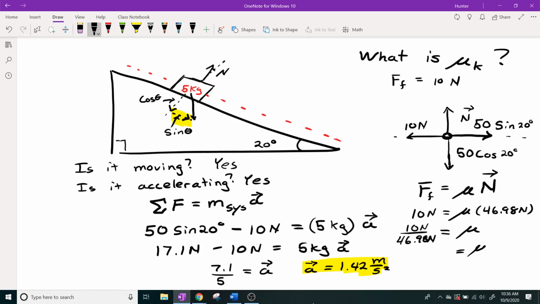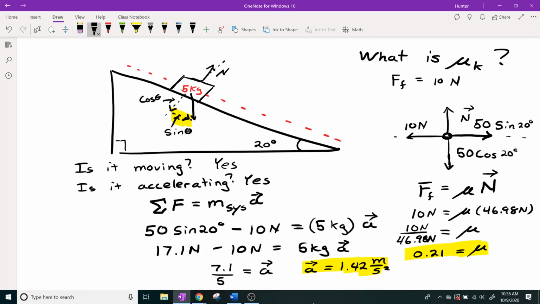So the coefficient of friction is 0.21. Is that what I asked you for? So, what did you learn? Coefficient of friction is 0.21.